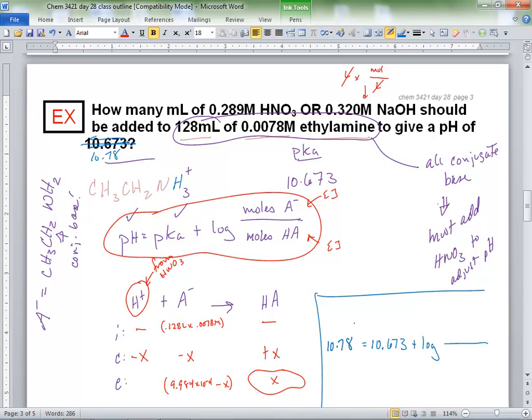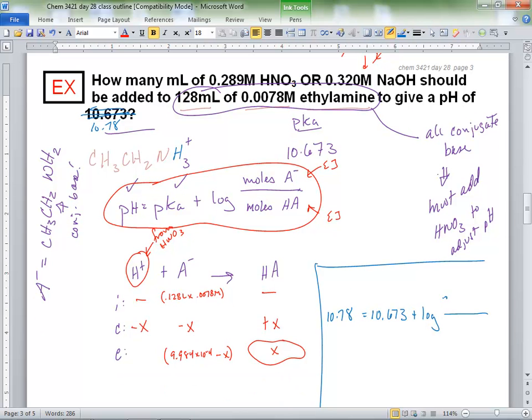Okay. Plus the log of moles of conjugate base over conjugate acid. So I need the 9.984 times 10 to the negative 4 minus x, all over x. Thanks for straightening me out there.